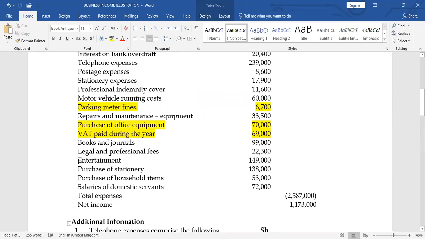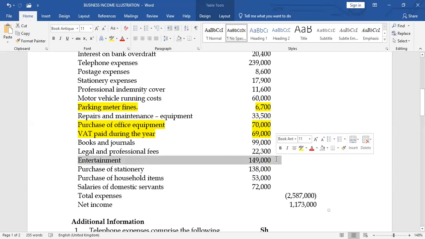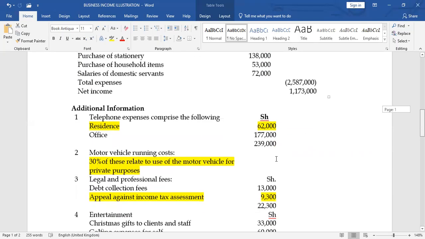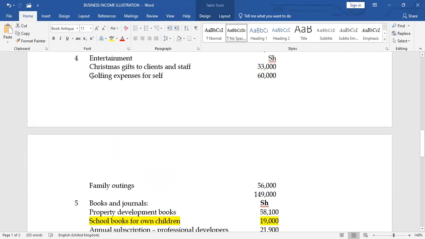Then next is entertainment. When you give your staff gifts and when you give clients gifts, you are promoting business, so it is allowable.